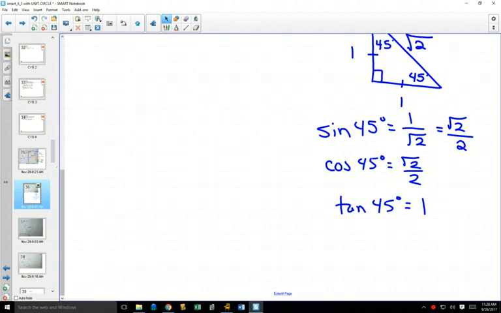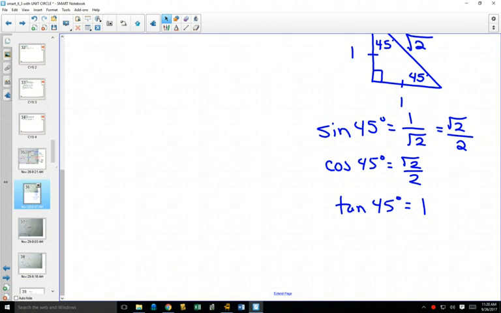That's rounding. Your calculator always rounds. It has lots of decimal places and it's accurate, and it even stores more decimal places than you can see on your screen, but it is rounding it. What we have here is an exact value. That square root of 2 over 2 is called an exact value because you didn't need to round. You could just leave it like that with the square root.